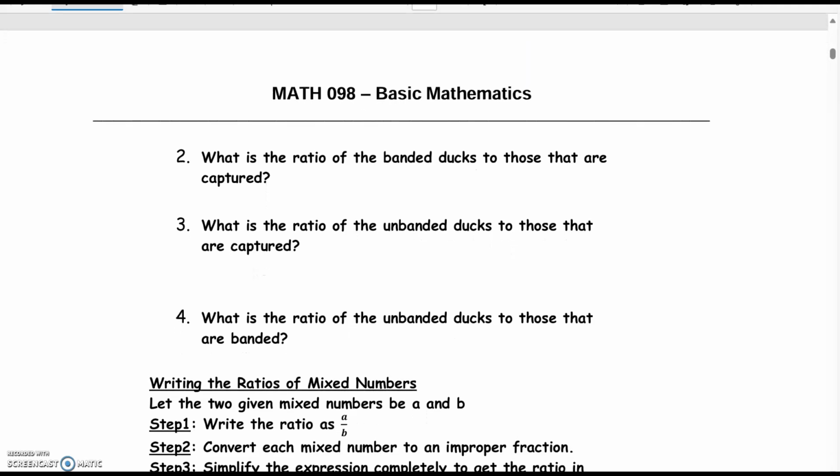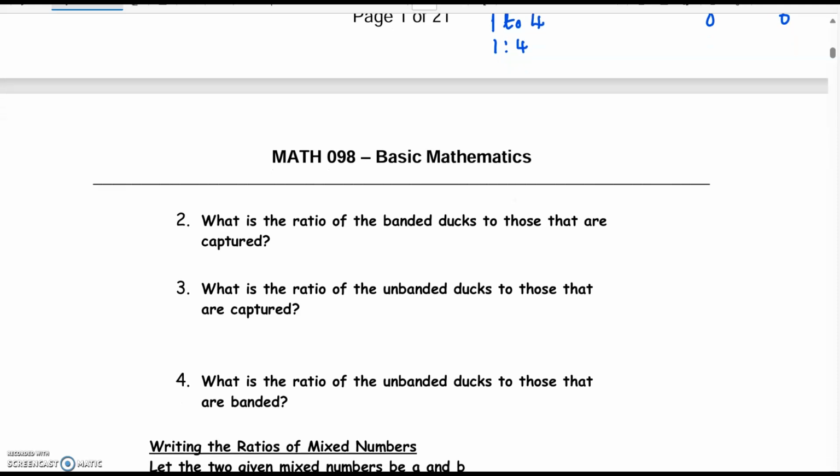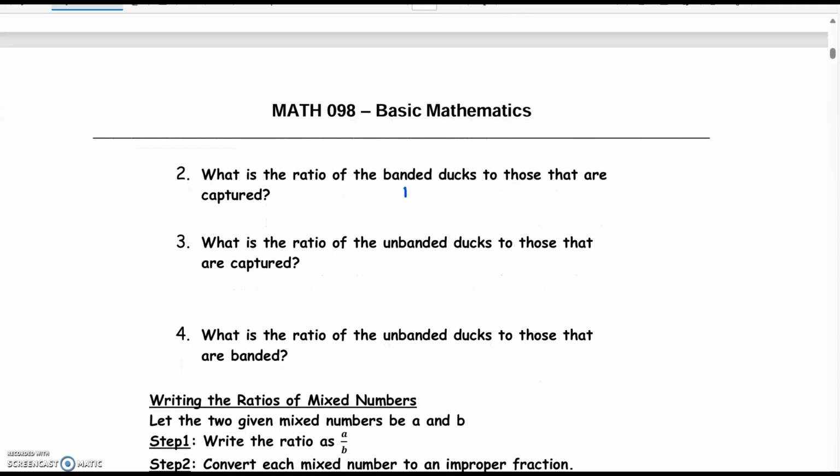What is the ratio of the banded ducks to those that are captured? So banded ducks, let's see, are 17, and captured, total captured is 85. So 17 banded divided by captured, that would be 85. So last time we didn't notice that 17 was a common factor. Let's just see if 85 is divisible by 17. The only number that I can think of is multiplying by 5, because it ends with a 5. 7 5s are 35. 5 1s are 5. 6, 7, 8, 85.